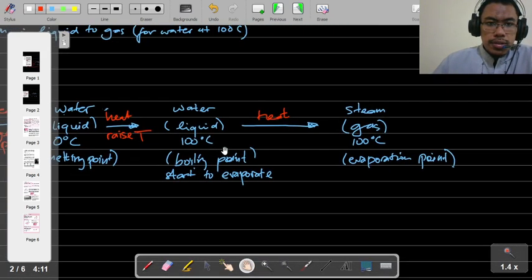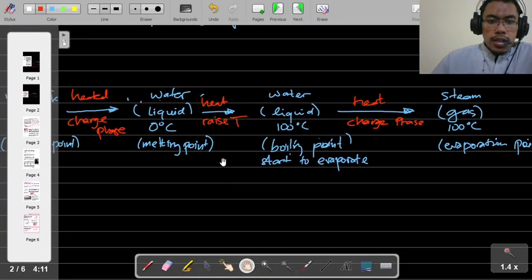And then in this one, the temperature is the same, 100 degree of Celsius, and also for this, but the phase is changed from liquid to gas. So the heat in this case is used to change phase.